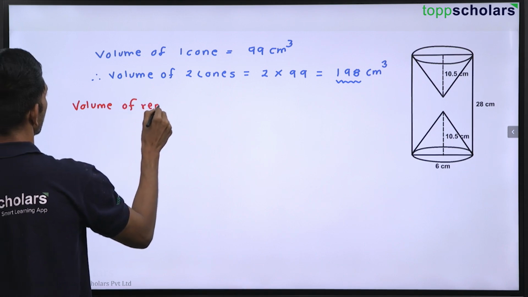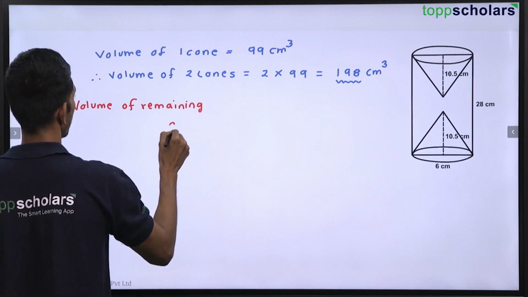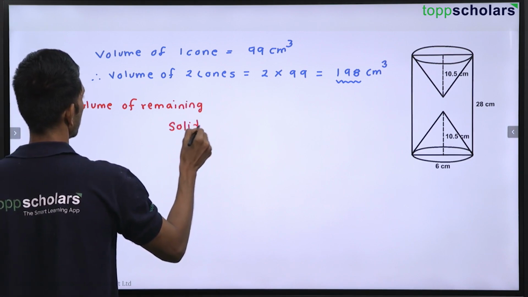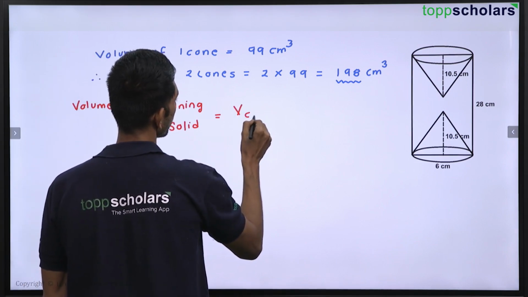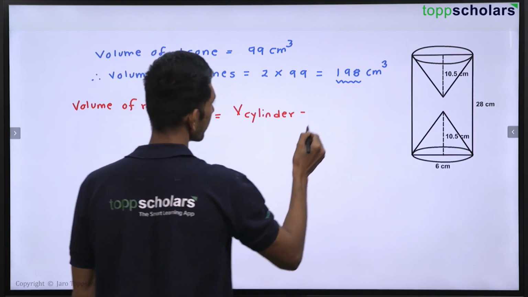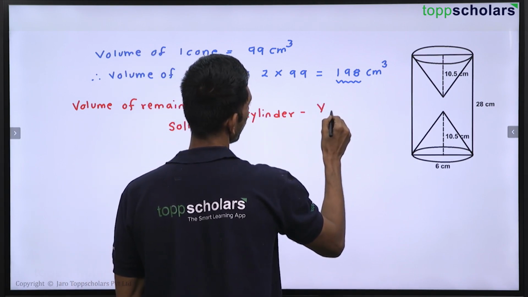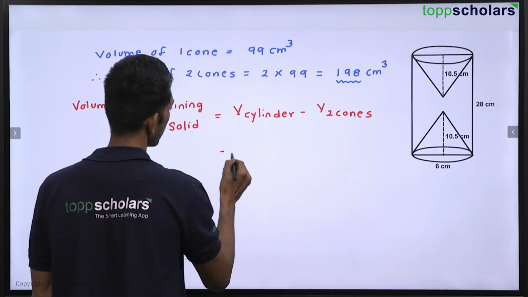The volume of remaining solid is equal to volume of cylinder minus volume of two cones, correct?